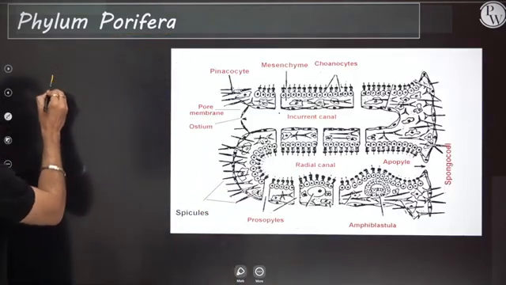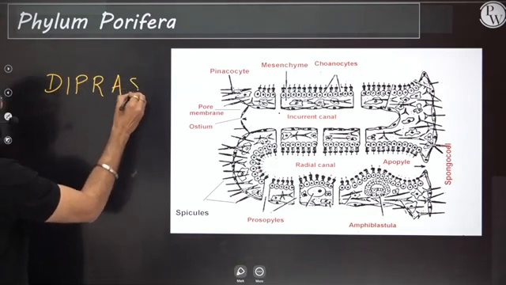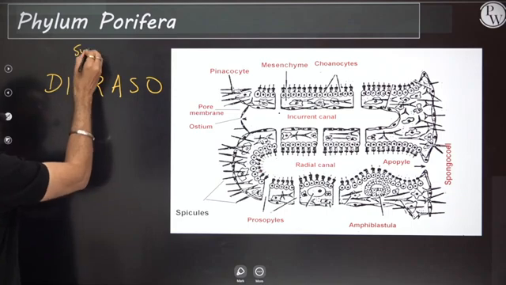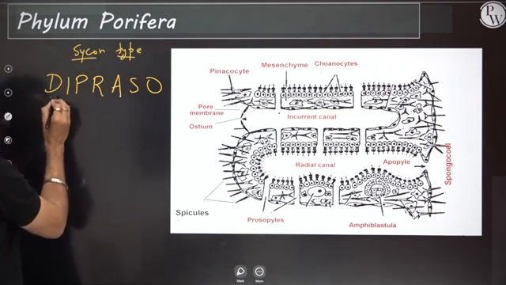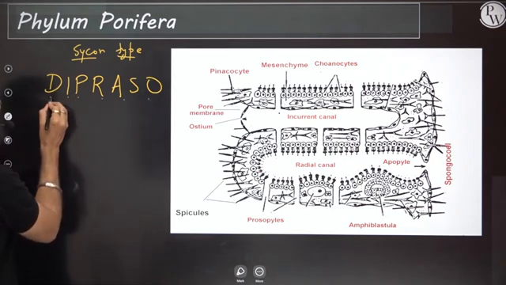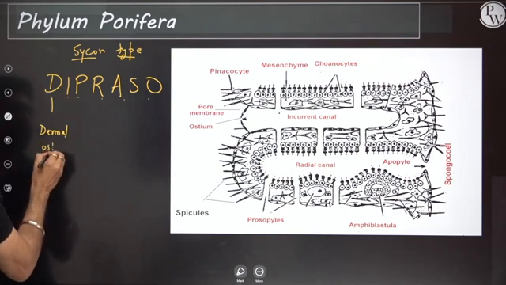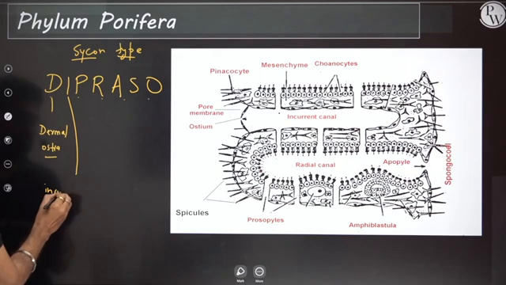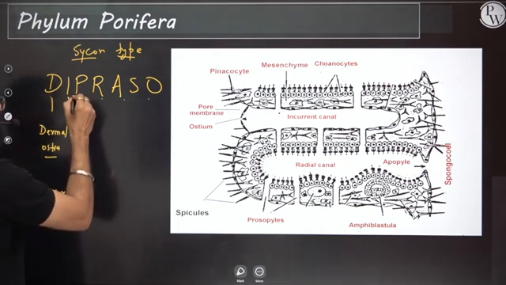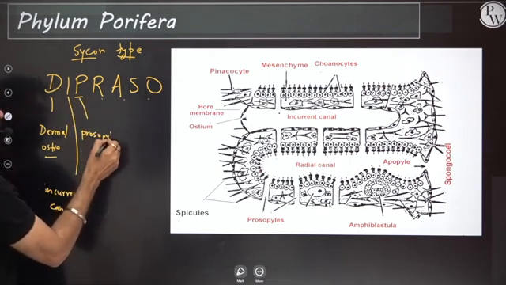Don't worry, this is easy if you just have one mantra with you, that is DIPRASO. Let's see how. DIPRASO is for Sycon type. Sycon type you can remember easily with this mantra, DIPRASO. D for dermal ostia, I for incurrent canal, P for prosopyle, I will explain you, don't worry.